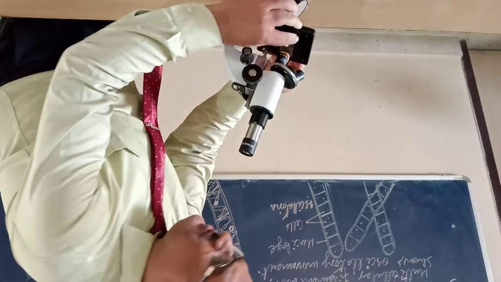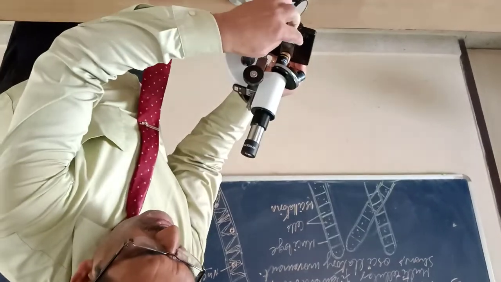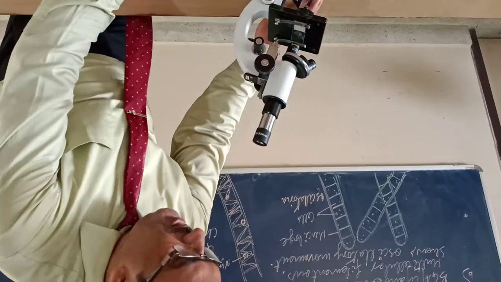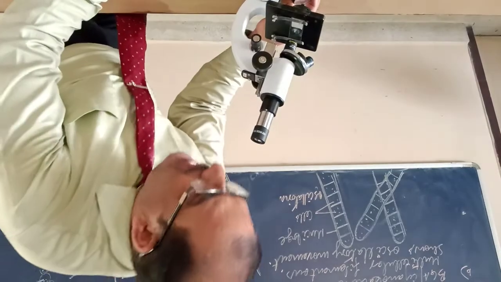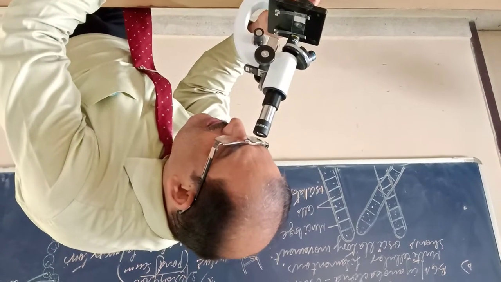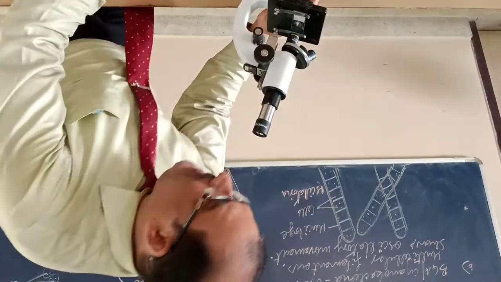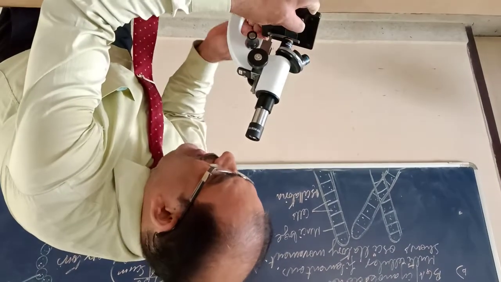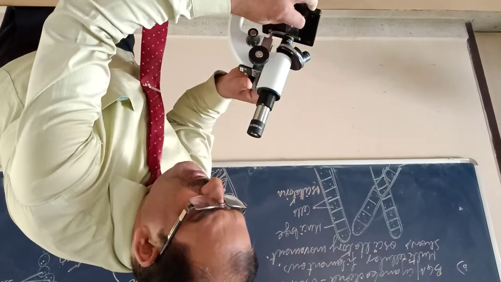place the slide onto the stage, fix it with the help of the clip, adjust the mirror, and then light is falling on the specimen or slide. Then we can adjust the slide with the help of the broad adjustment screw.